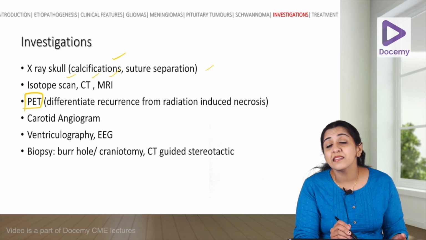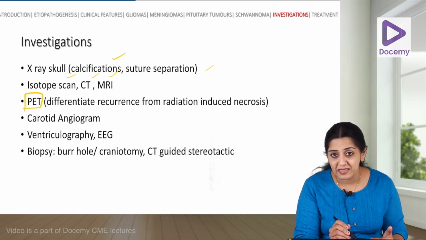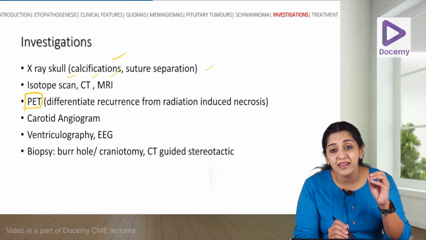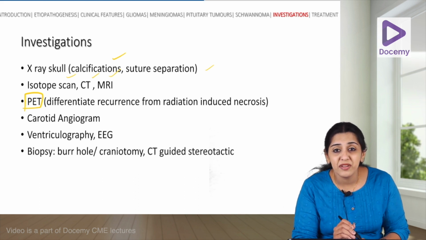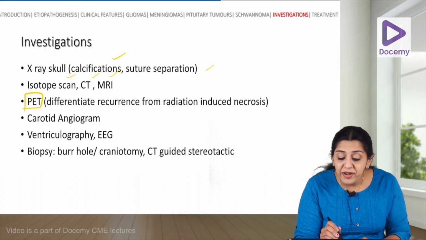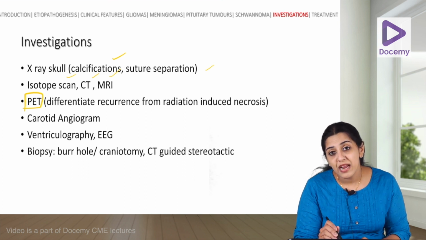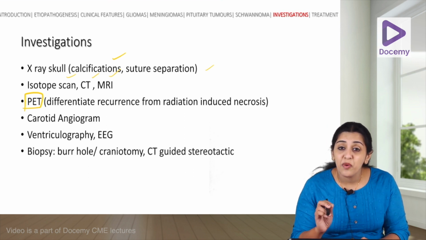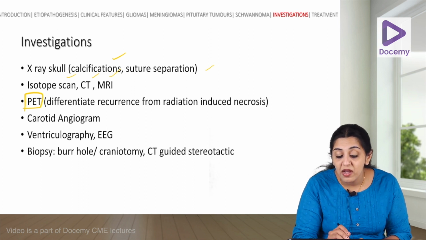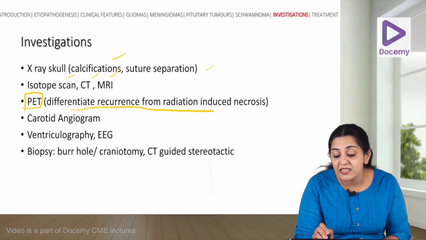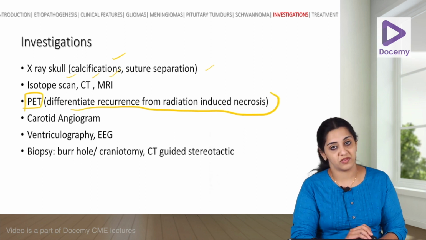So PET scan is usually done for finding out mets, because all the hyperactive areas in the body will be picked up by the PET scan or the positron emission tomography. Now in brain tumors, how is it useful? It is useful because the brain cells which are causing tumor will be hyperactive, and so it can differentiate recurrence from radiation induced necrosis.